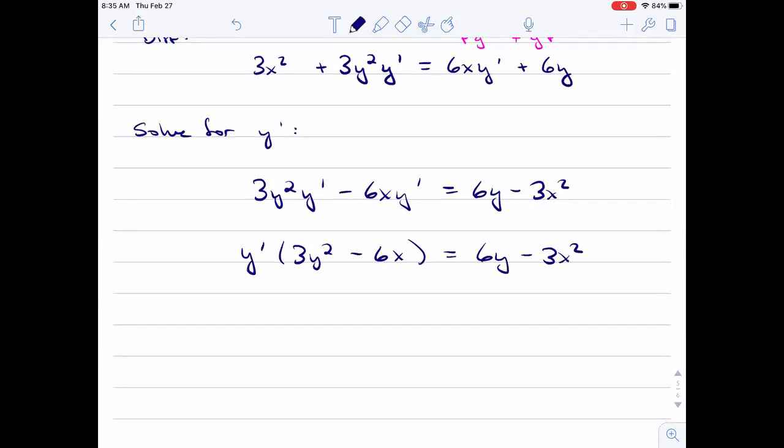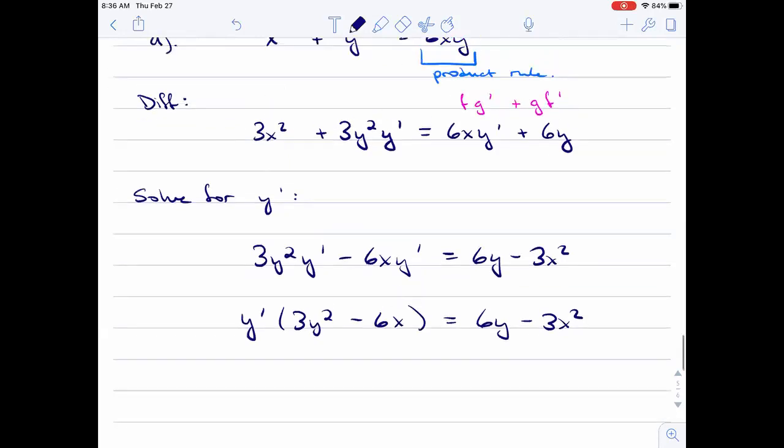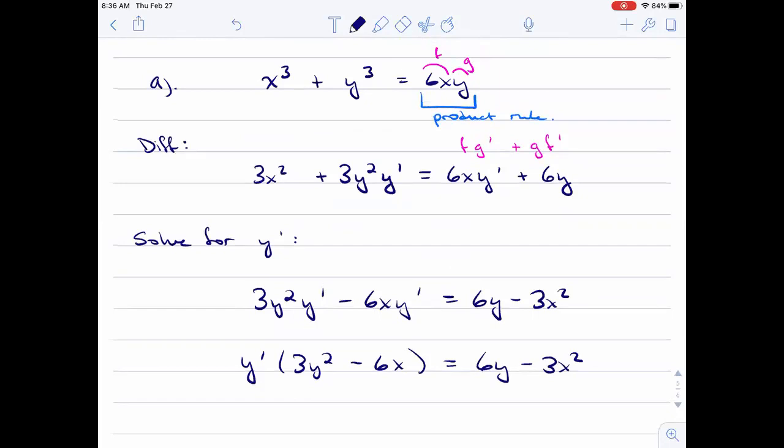I wonder if it'll fall out. In my notes, I've simplified way earlier on. See up here, I've got common 3s and common 6s, which I can deal with early on, which I didn't do. So I'm curious, we'll see if it falls out.